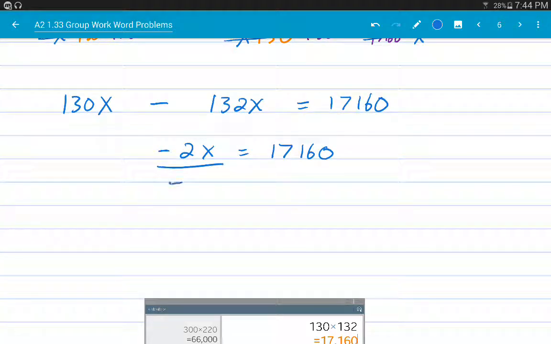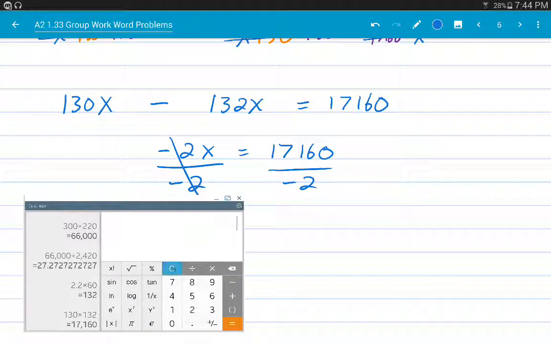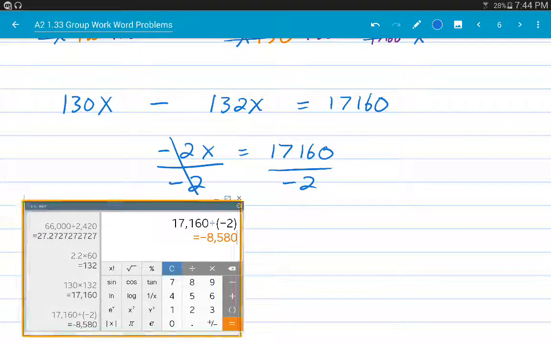In order to get x by itself, I'm going to have to divide by negative 2 on both sides. I knew I'd need that calculator. 17,160 divided by negative 2 is equal to negative 8580.